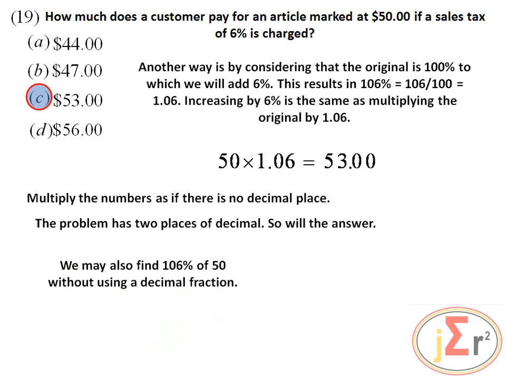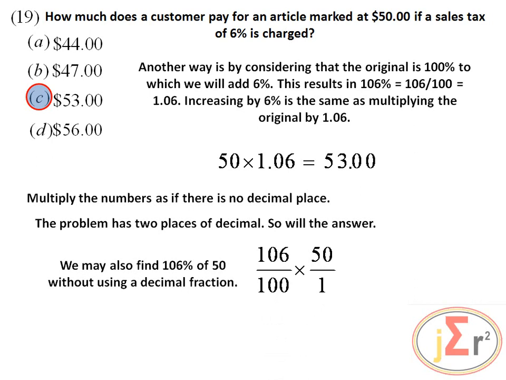We may also find 106% of 50 without using a decimal fraction. So we did not have to use the decimal fraction as a route to the solution of this problem. So what do we have there?